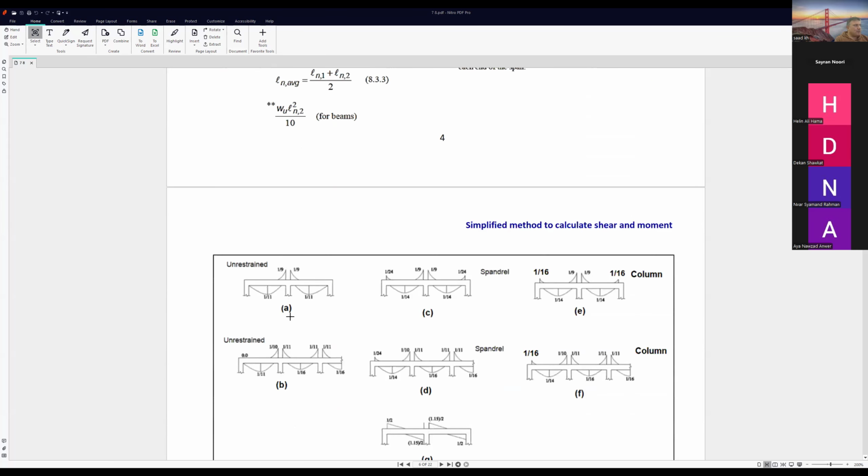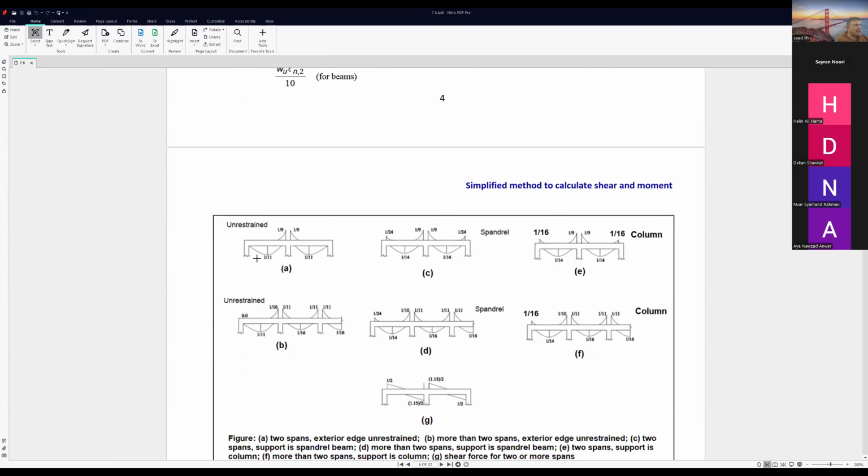Okay, so for example, here we have unrestrained. If we have two spans, here we have unrestrained. What is the meaning of unrestrained? For example, we have walls, because in the walls the movement will be 0.